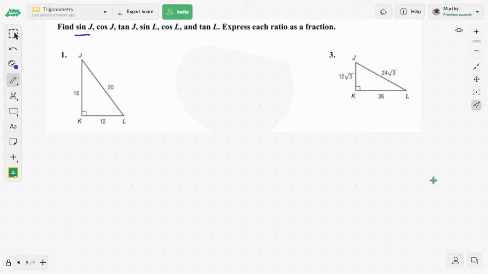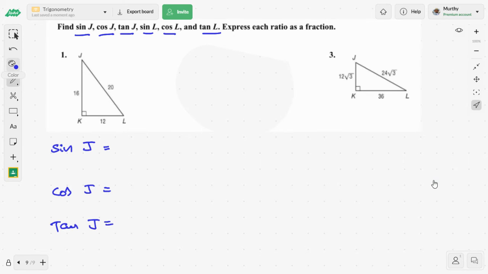Find sine J, cos J, tan J, sine L, cos L, and tan L, all. Let me take the first one, sine J, next cos J, tan J. So these are the questions.